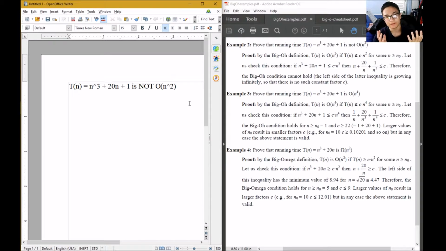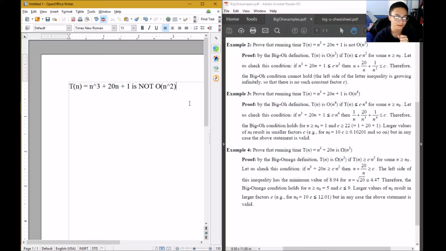Let's say you plugged in 2, and you'd have 2 to the 3rd plus 2 plus 1. 2 to the 3rd is 8, and then it's just 2, so 8 is growing faster than n. So n cubed is always going to be greater than n, right? That's just something to point out.